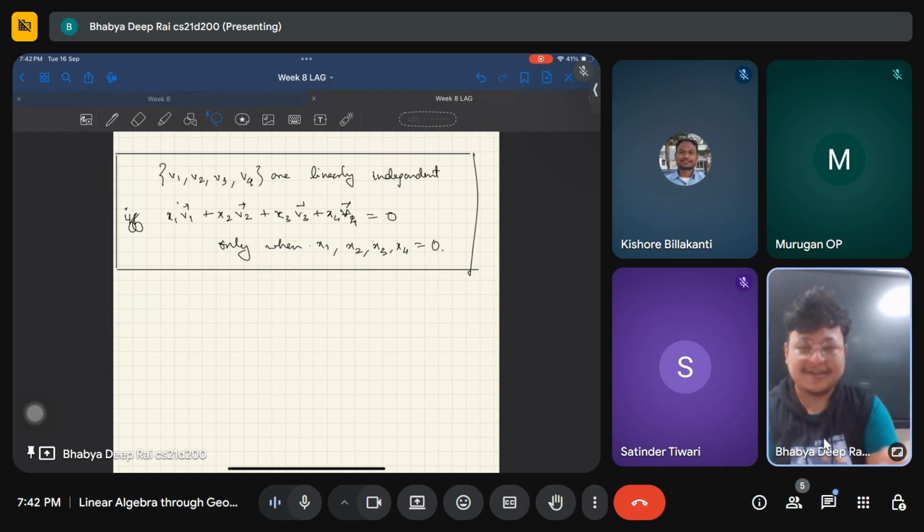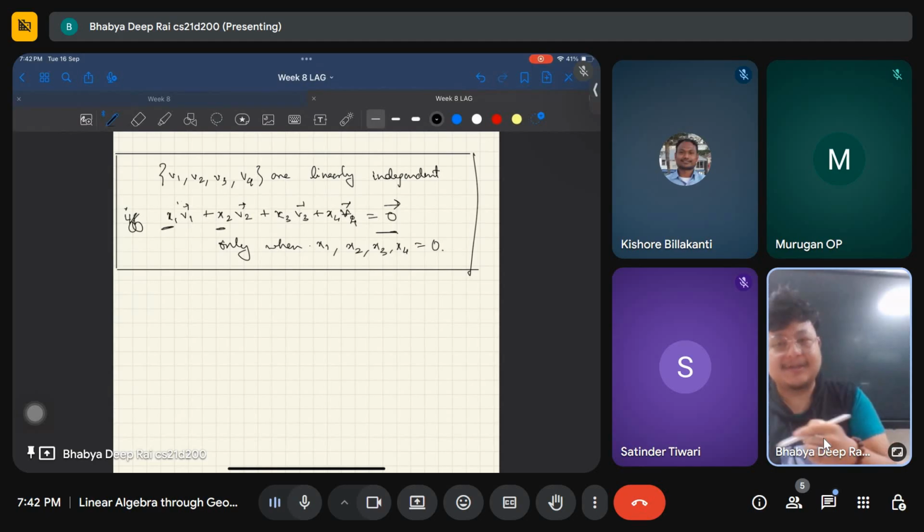A set of vectors is linearly independent if and only if this particular equation, that is, asking what scalar quantities linearly combine this set to equal 0, is equivalent to asking whether setting x1, x2, x3, x4 equal to 0 is the only possible solution.